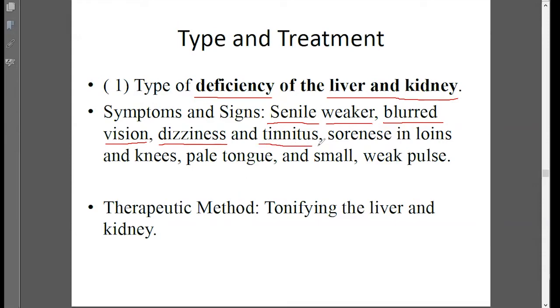Also possible are tinnitus, deafness, and decreased hearing. That's general weakness. They can have sore lower back, legs and knees, a pale tongue, and a weak pulse. Locally, from the beginning there are dark spots in a fixed location, and gradually vision decreases.